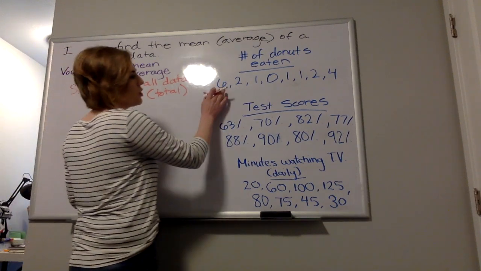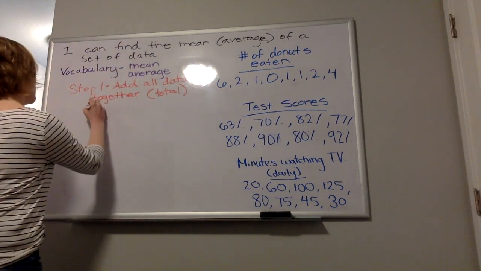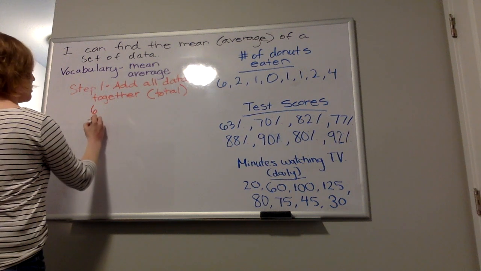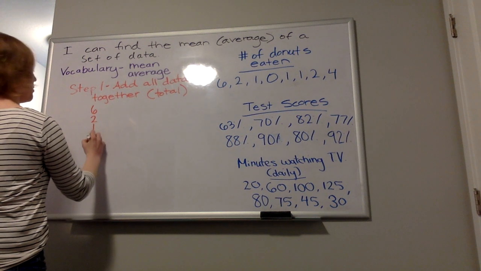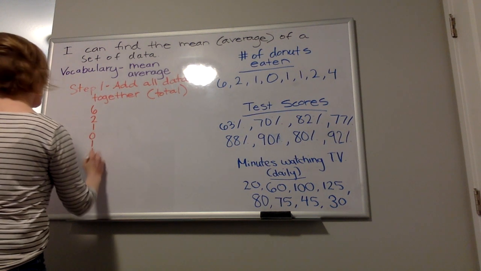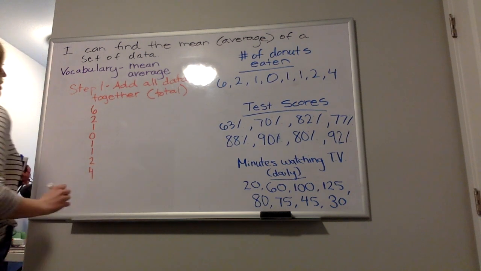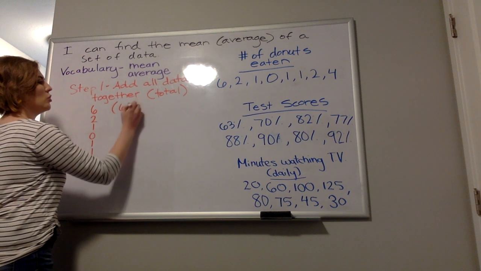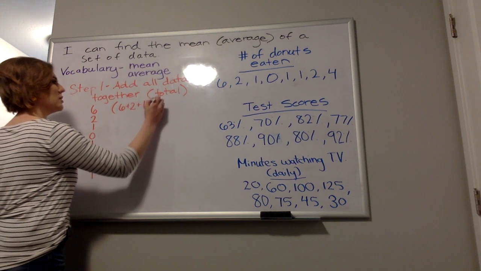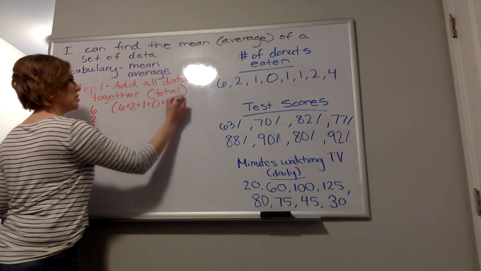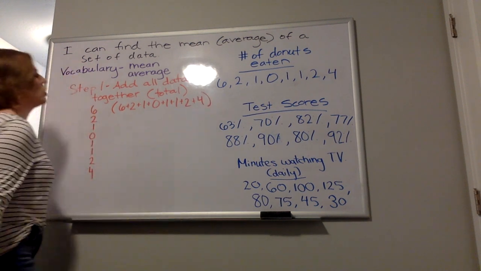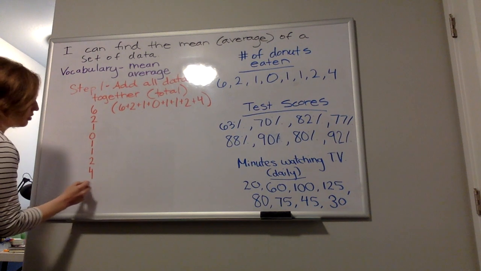In this case, you would do 6 plus 2 plus 1 plus 0 plus 1 plus 1 plus 2 plus 4. I'm going to rewrite it over here in parentheses: 6 plus 2 plus 1 plus 0 plus 1 plus 1 plus 2 plus 4. You're going to add all those together.